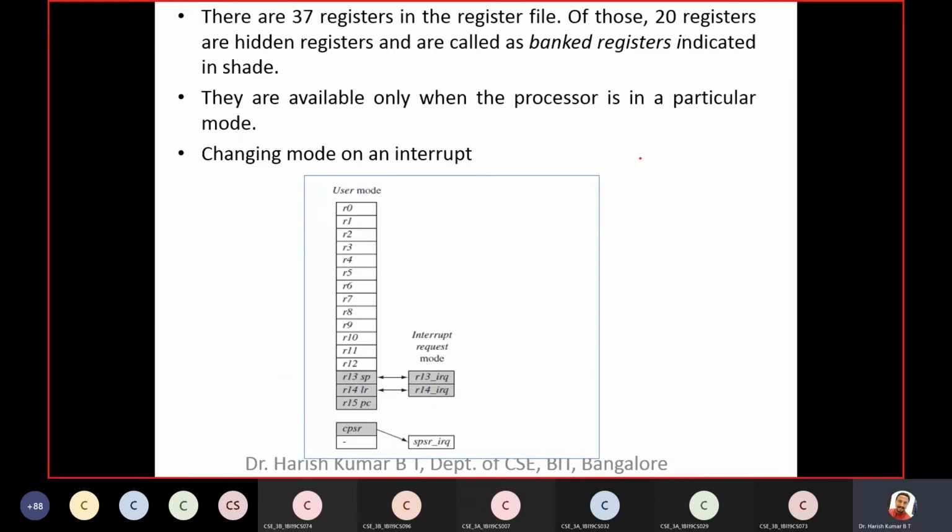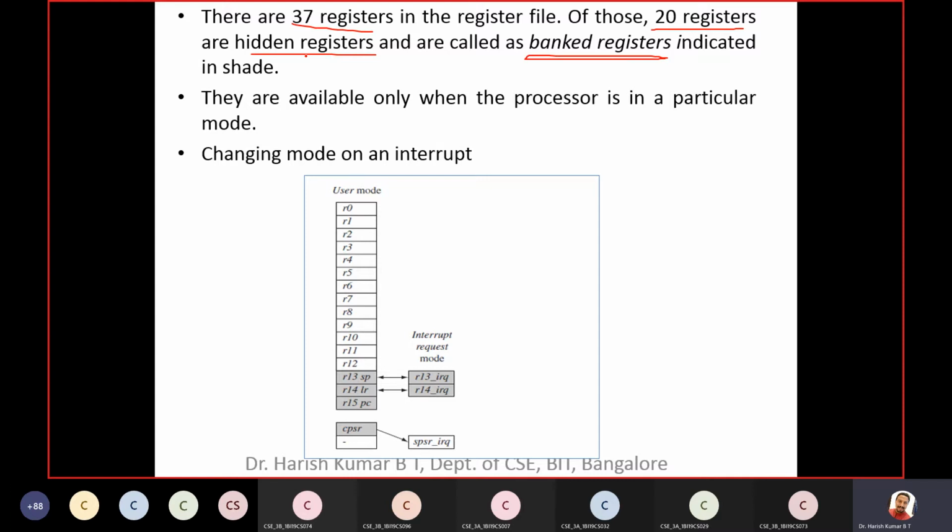There are 37 registers in the register file, and among these 37, 20 registers are hidden registers, or you can also call them banked registers. Why are they hidden? Because they're not visible to the user. In the previous class, we executed 1 or 2 sample programs, and the registers you were able to see there were R0 to R15, Cpsr and Spsr.